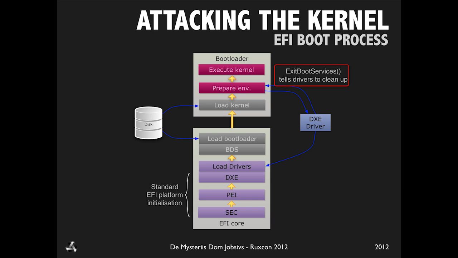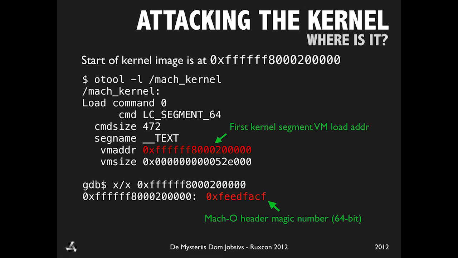The bootloader loads the kernel, and then prepares the environment for kernel execution, which is what I was just talking about. So it cleans up its memory and gets ready to hand off to the kernel. During this environment preparation phase, exit boot services gets called to tell drivers to clean up their mess, and then the kernel gets executed. So that's where we're going to jump in and start screwing with the kernel.